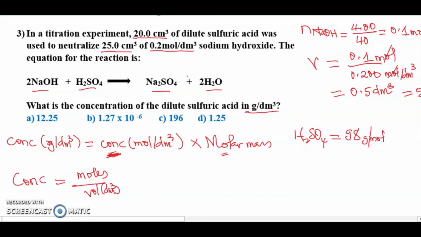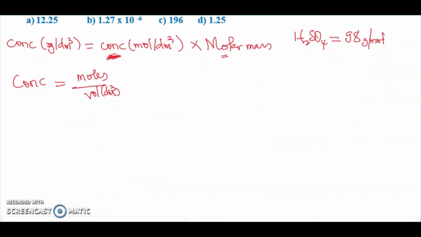But before then, let's start by calculating the number of moles of sodium hydroxide. We've been given the volume of sodium hydroxide, 25.0 cubic centimeters. But remember, we have to convert it to cubic decimeters. So number of moles of sodium hydroxide is equal to 0.2, that is the concentration of the sodium hydroxide, multiplied by 0.025.